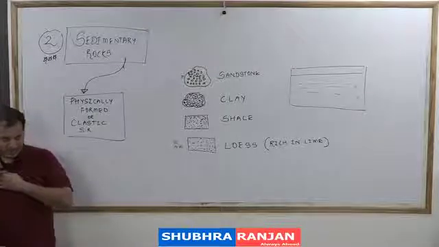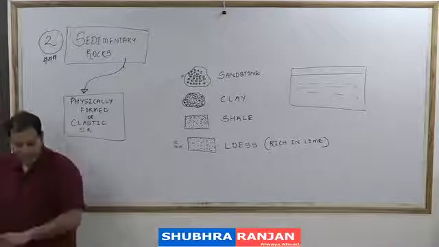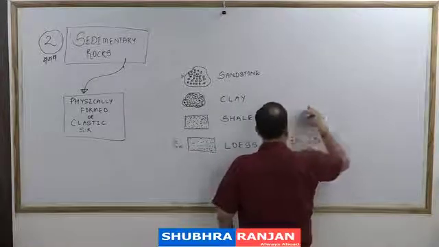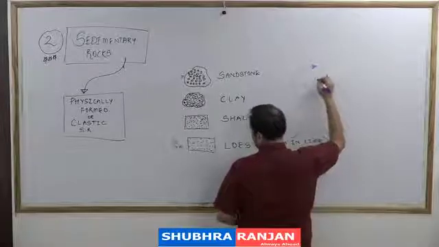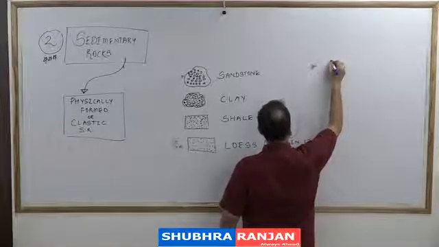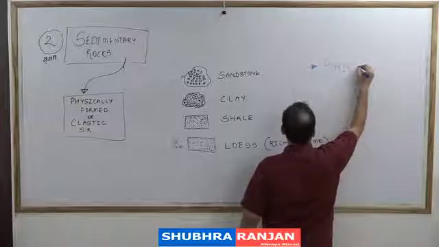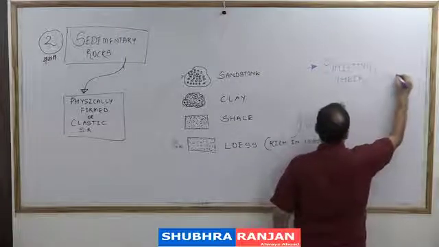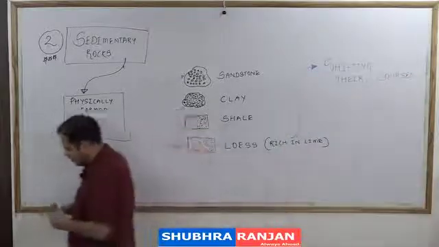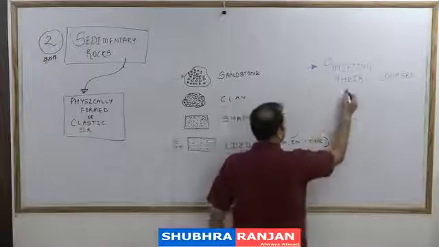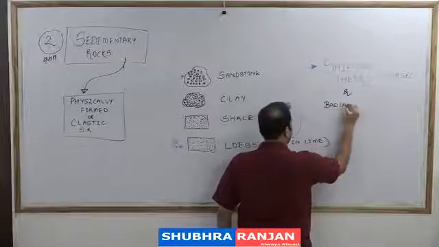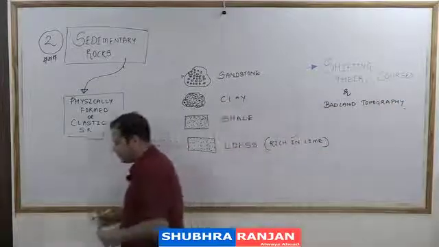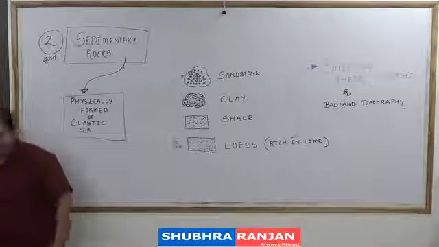And hence the regions having loess deposits is known for rivers shifting their courses and bad land topography. Rivers shifting their courses and the bad land topography.